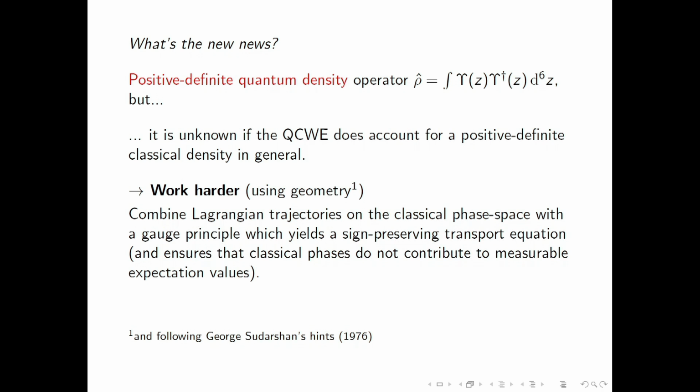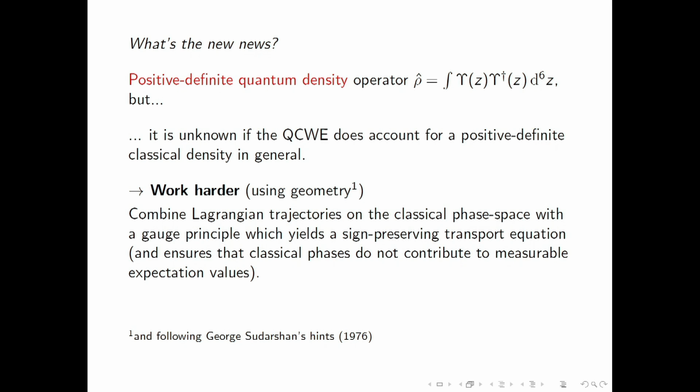However, it is still unknown if that linear model, so the quantum classical wave equation, does account for a positive definite classical density in general. So for specific systems, the authors were able to show it, but in general it's not known.